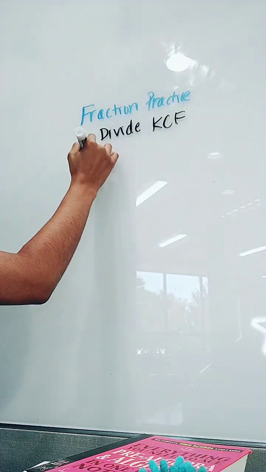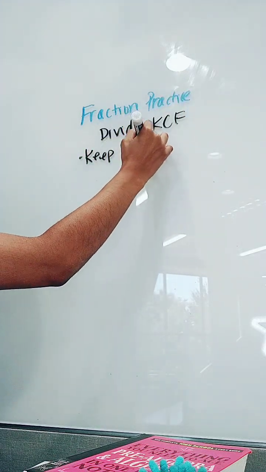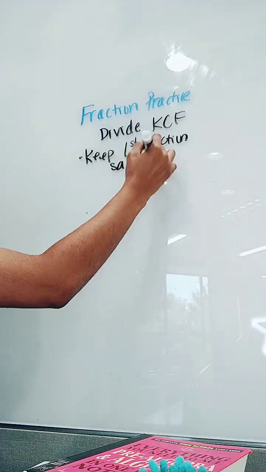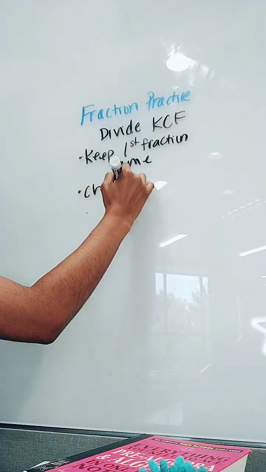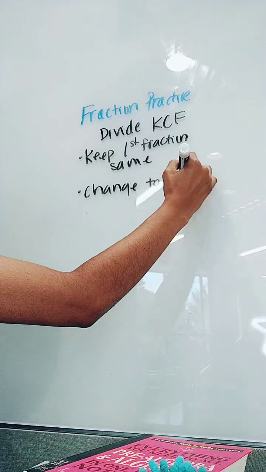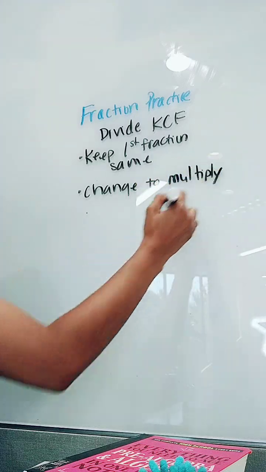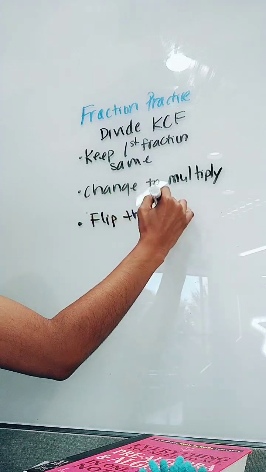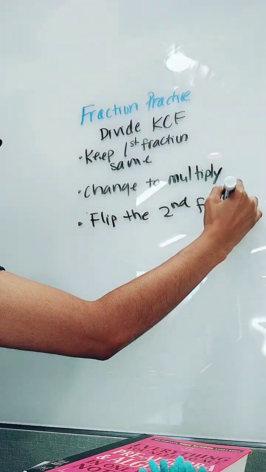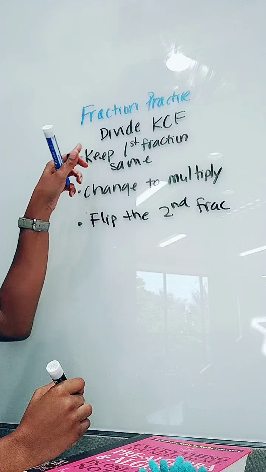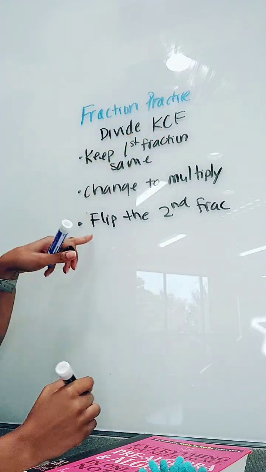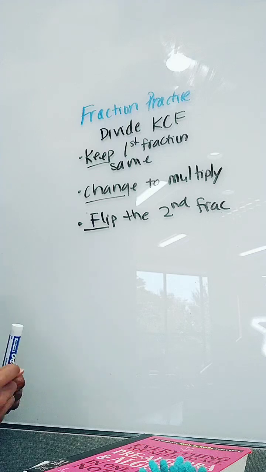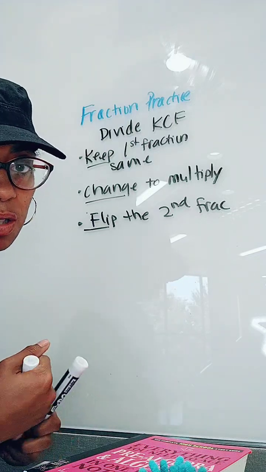So what you want to do is keep the first fraction the same, change to multiplication, and then you're going to flip the second fraction. It's KCF, keep, change, flip. You're going to keep the first fraction the same, change the sign to multiplication, and then you are going to flip it.